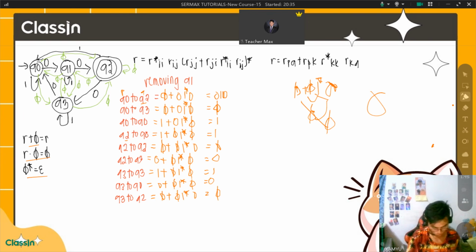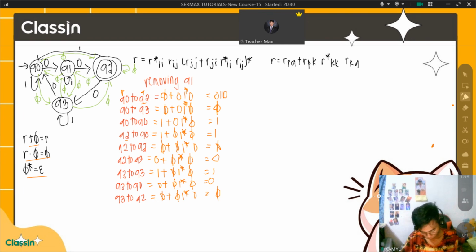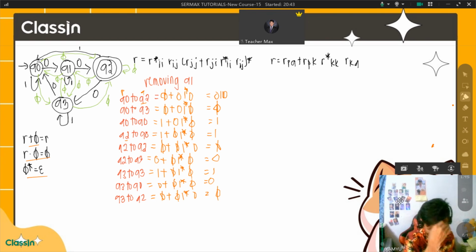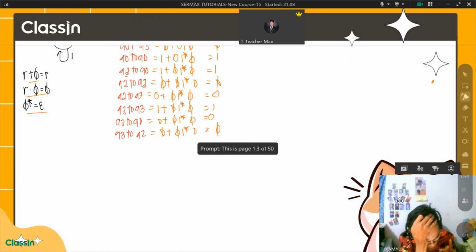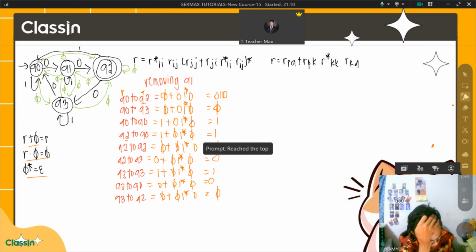Okay, and afterwards, what you will need to do for this, we're done. We will begin to do the graph for this one, Q0 to Q2.